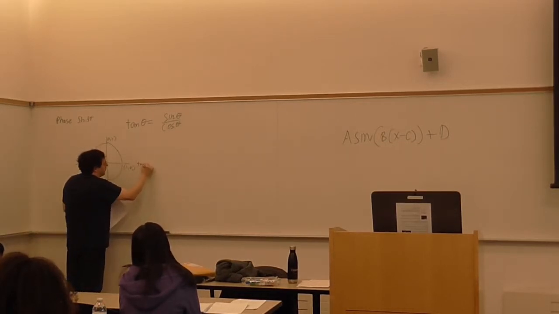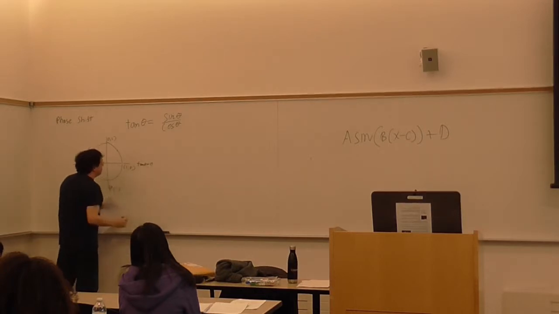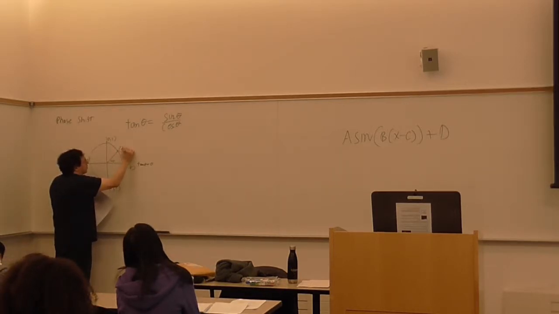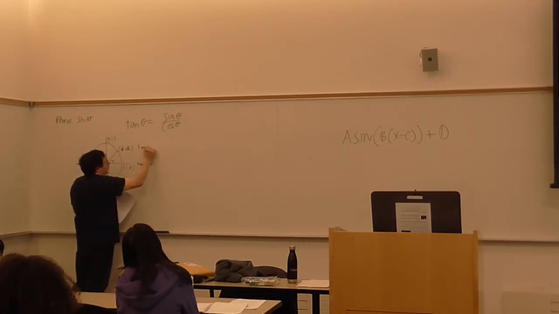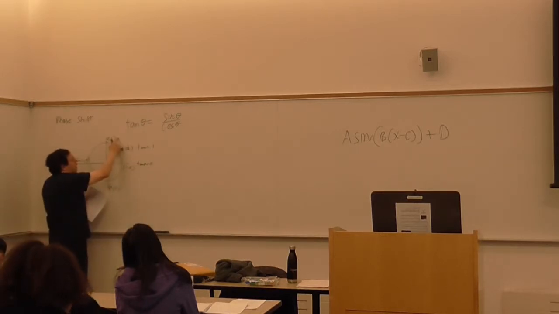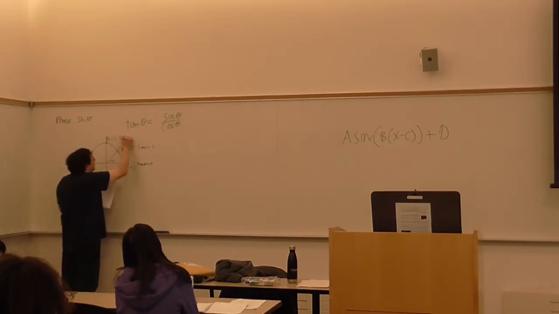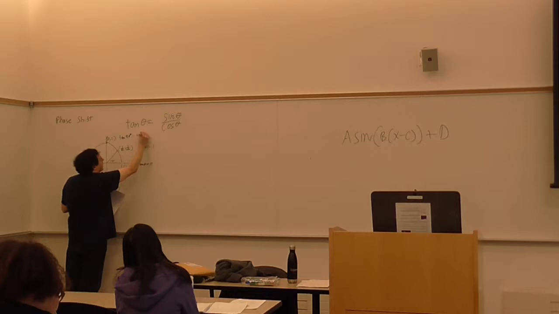So here the tangent will be 0. At 45 degrees, we have 1 over the square root of 2, 1 over the square root of 2 for the sine and cosine. So the tangent is 1. And then when we get up to 90 degrees, what happens? Well, at 90 degrees, the cosine is 0, so the tangent of 90 degrees is undefined.